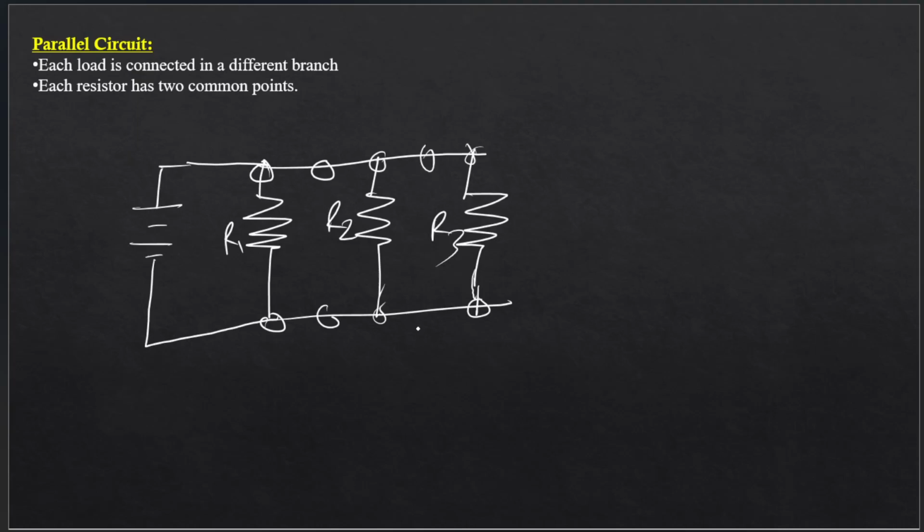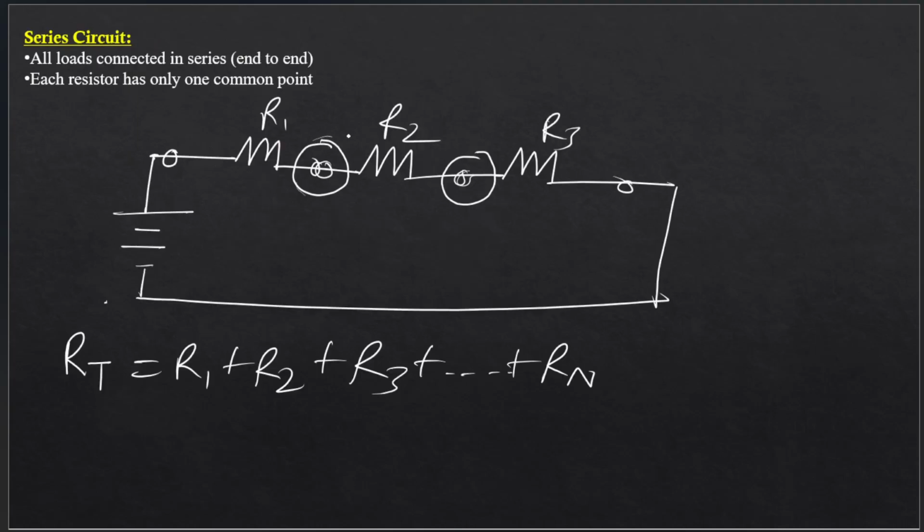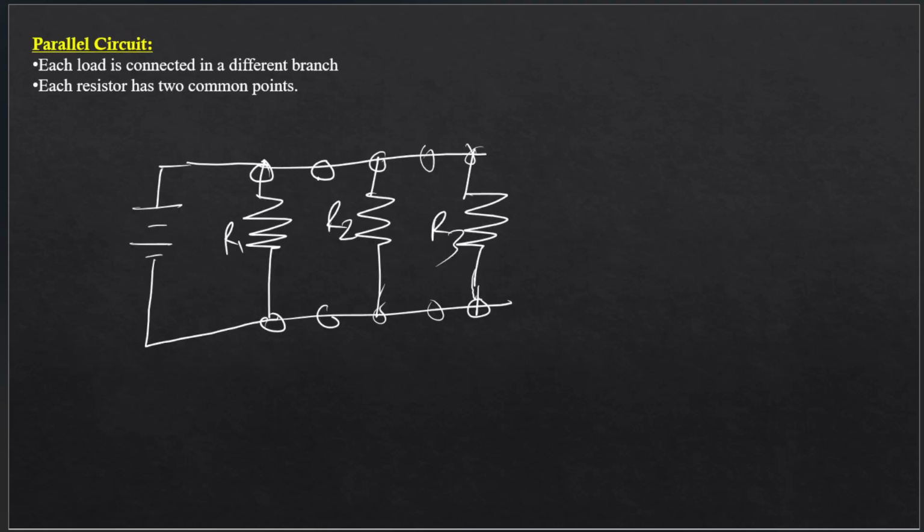Again here, two common endpoints. Remember, in series, each pair of resistors had a single common endpoint, but in parallel, every two resistors have two common endpoints. That's the differentiating factor between series and parallel circuits, and an easy way to identify which circuit it is.